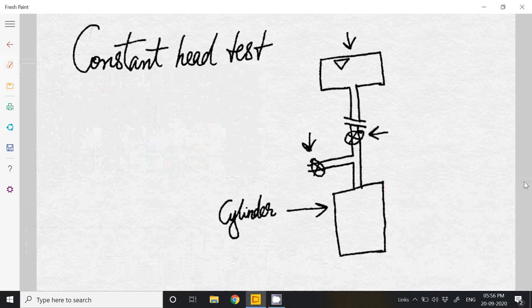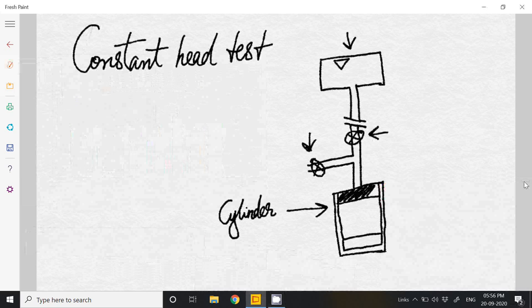And in the cylinder we keep a soil sample. Okay, and the soil sample's cross sectional area will be defined.